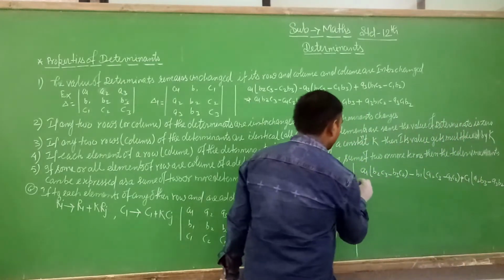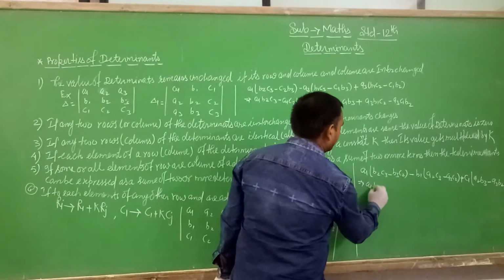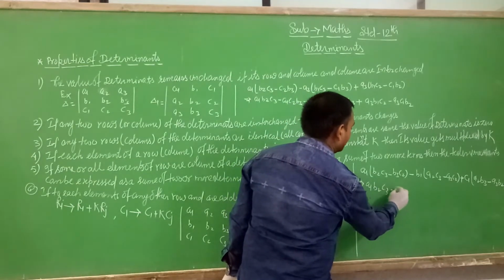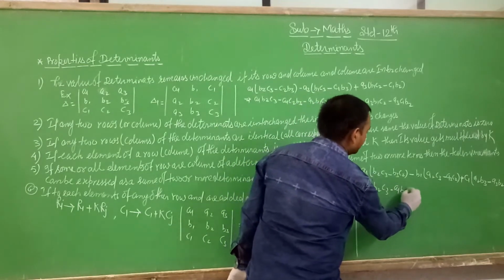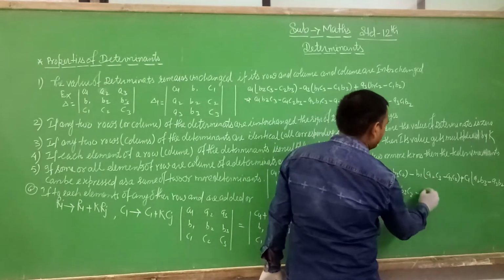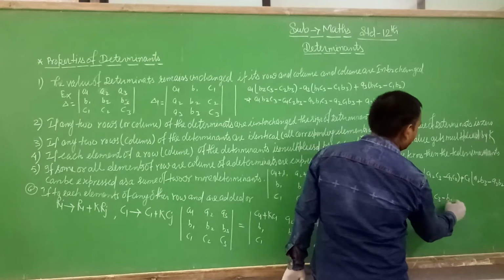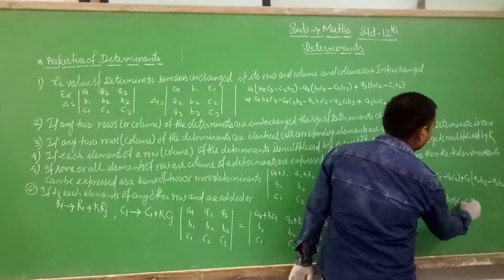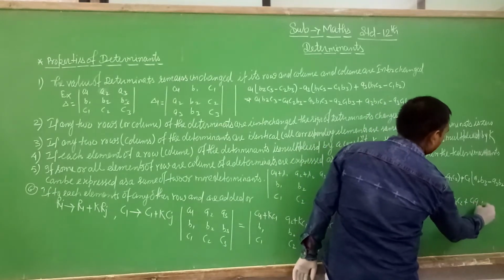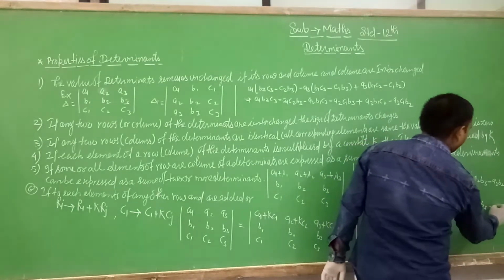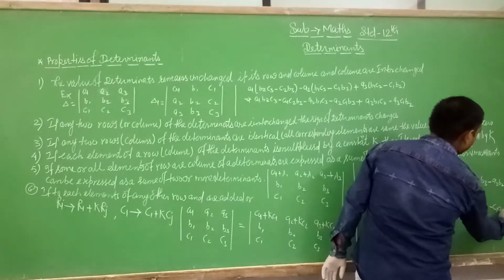Then you see A1 B2 C3 minus A1 B3 C2 minus B1 A2 C3 plus B1 A3 C2 plus C1 A2 B3 minus C1 A3 B2.